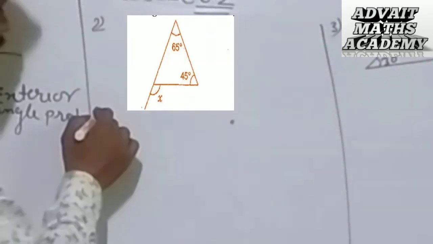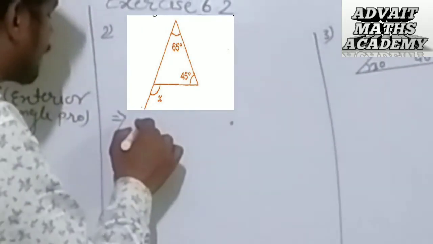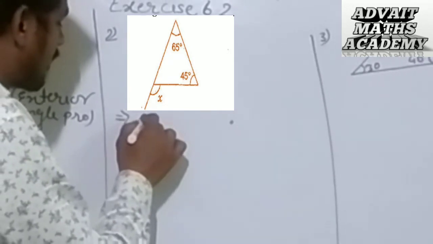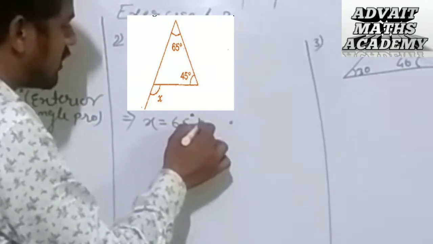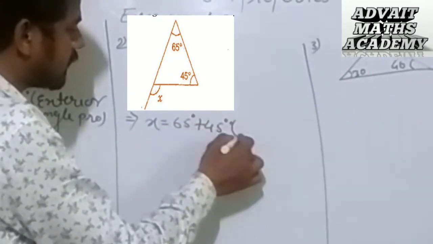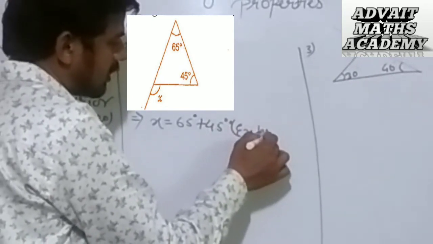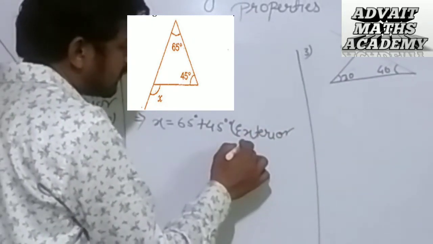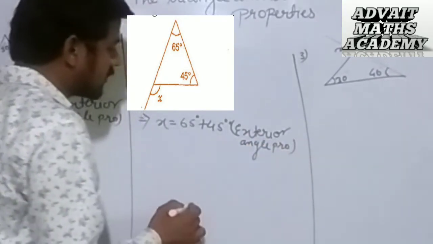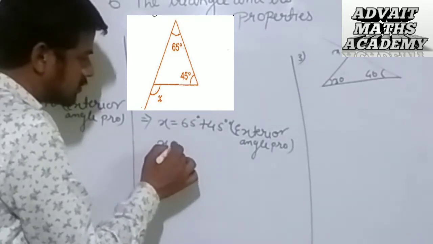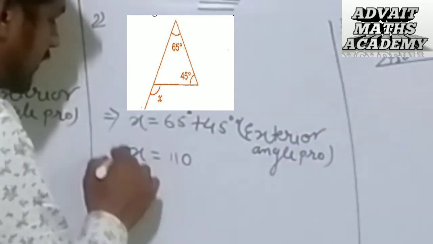In the second example, x is equal to 65 degree plus 45 degree. Write exterior angle property, then x is equal to 110 degree.